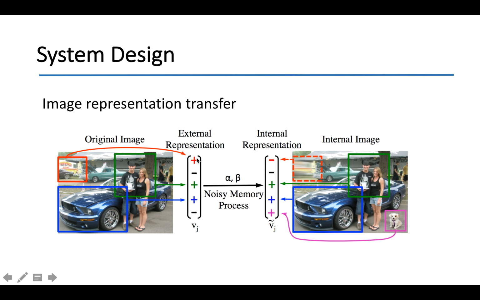As shown in the picture, the people and car in the green and blue frames stay unchanged in the conversion process, but the object in the red frame becomes blurry and something was added to the internal representation, as shown in the purple area. So we can see that the people and objects near them were remembered most clearly, but other objects in the background were easy to forget. Thus, the degrading rates for these objects vary.